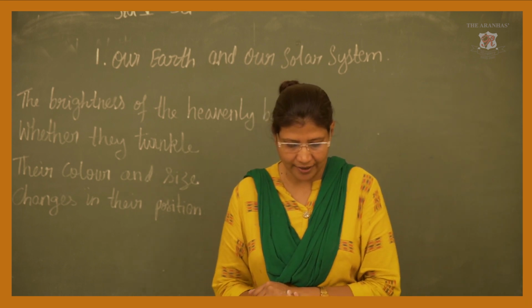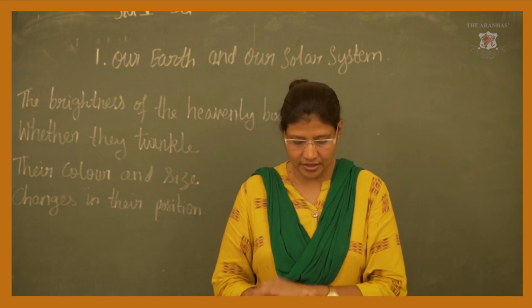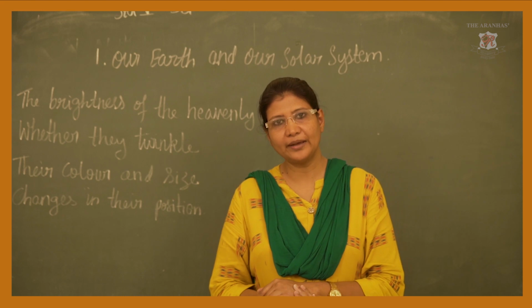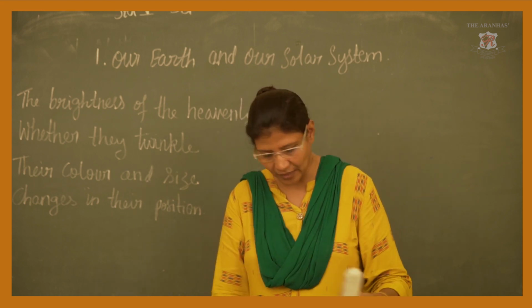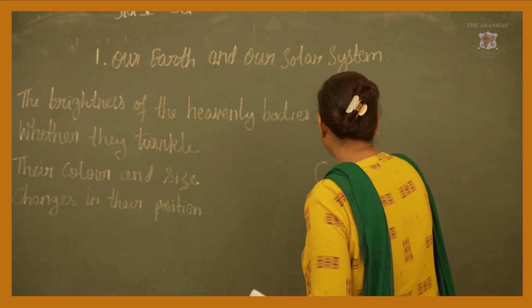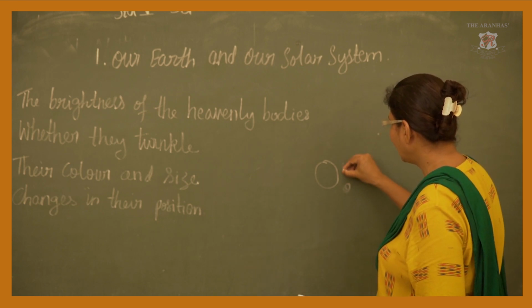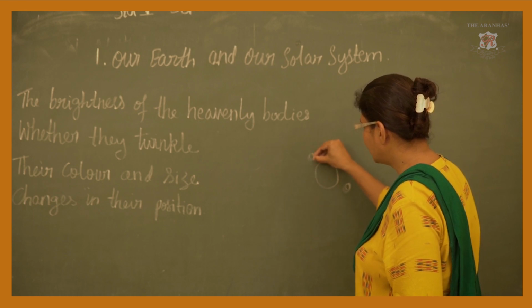Planets revolve around the stars, even as they rotate around themselves. So they are revolving around themselves also, and they are revolving around the sun also, like this.